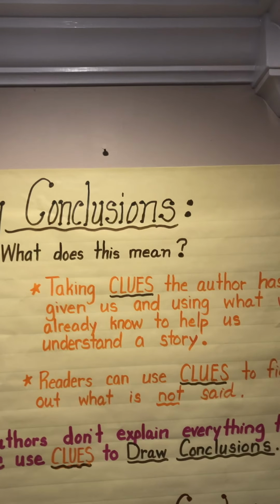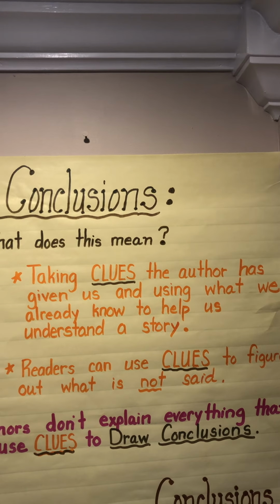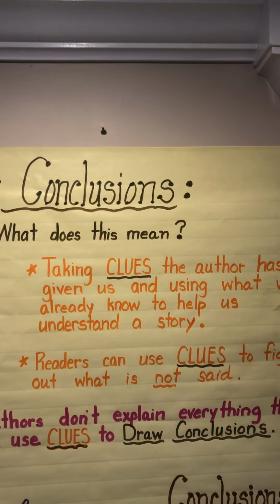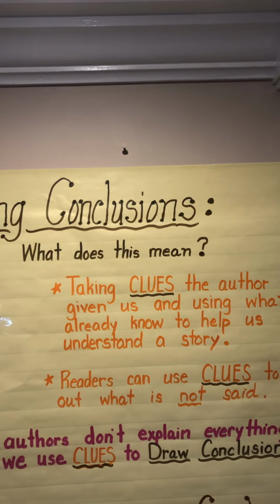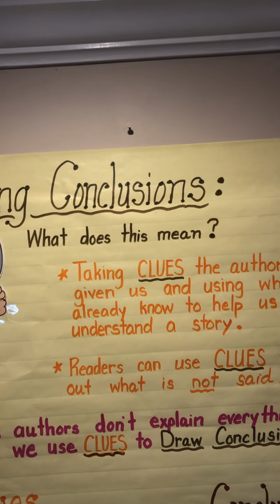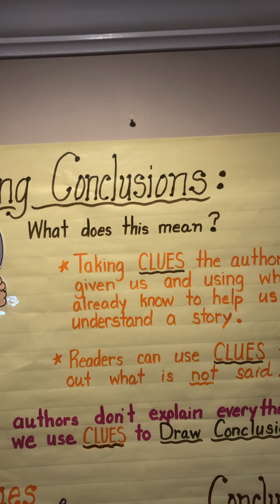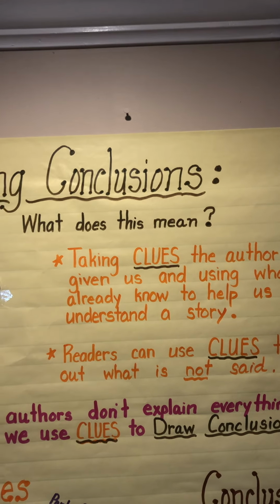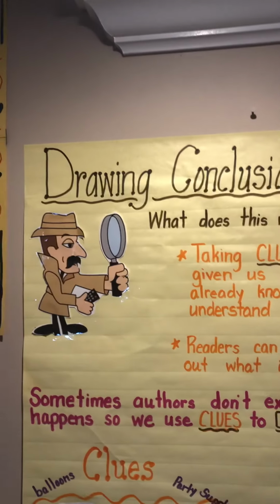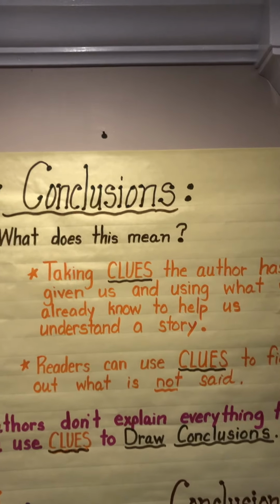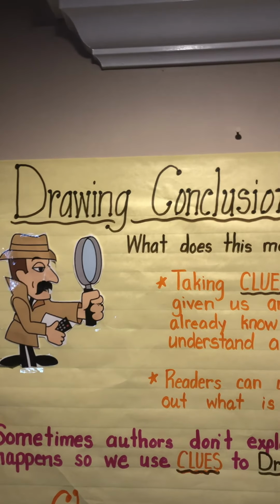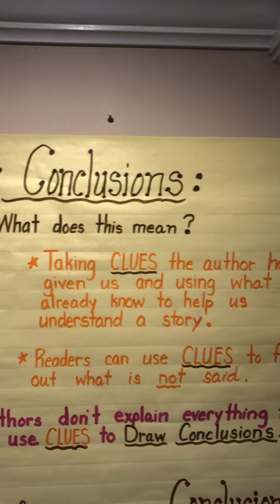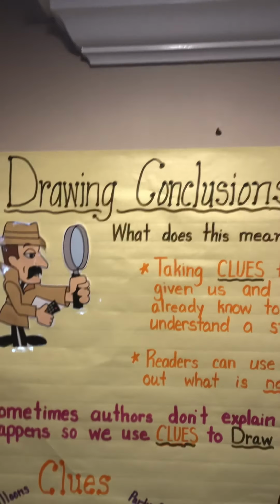Now, the author might not come out and write exactly what he or she is talking about, but they might give you clues that you can figure out by looking at characters' facial expressions, by, oh my gosh, there's so many different ways you can figure things out, by looking at the illustrations, by doing something called reading between the lines, which is really kind of using what you know about the world and the clues on the page to help you figure out how to draw a conclusion.